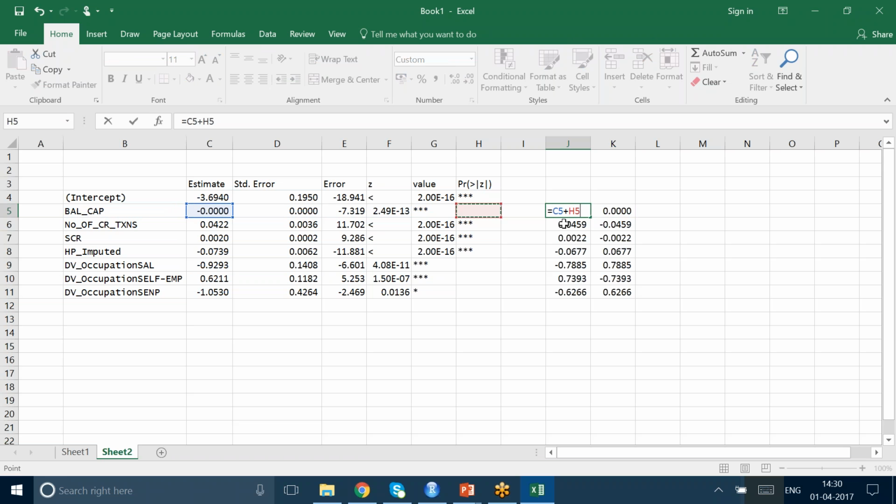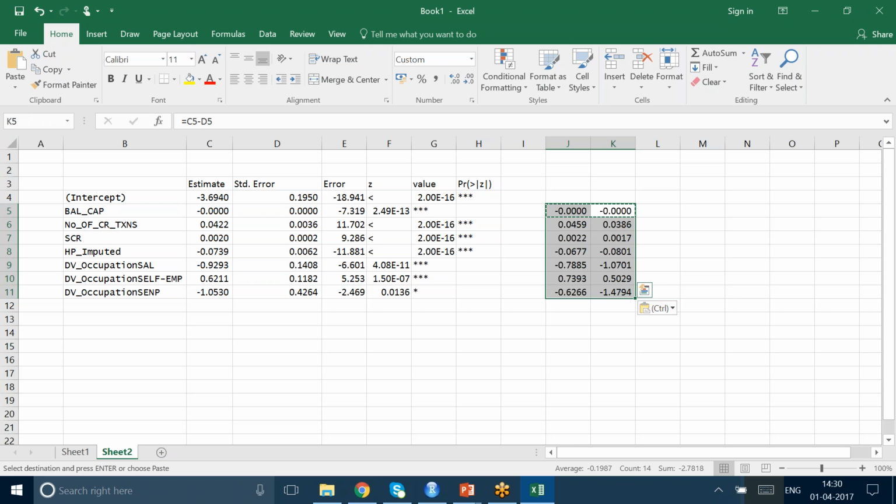This plus this, minus this. Yeah. Negative, negative, no change. Positive, positive, no sign change. Positive, positive, no sign change. Negative, negative, no sign change. Negative, negative, no sign change. Positive, positive, no sign change. Negative, negative, no sign change. Okay. So all my betas are very stable.